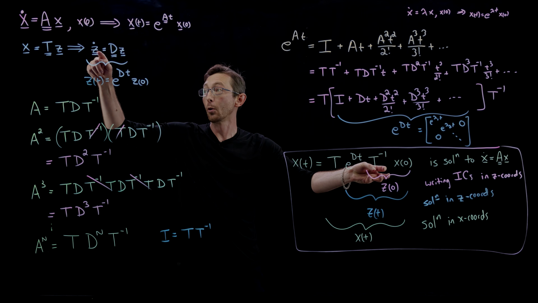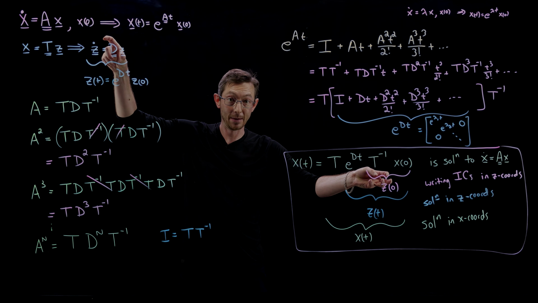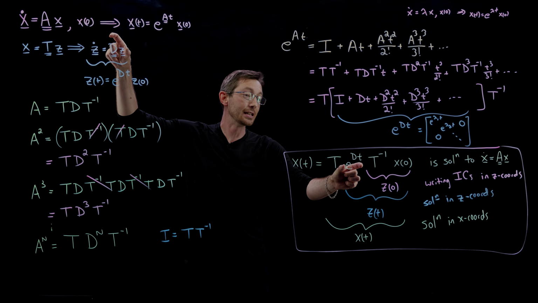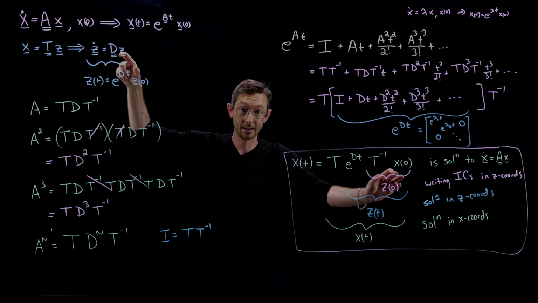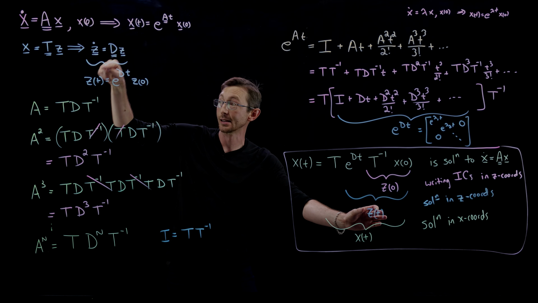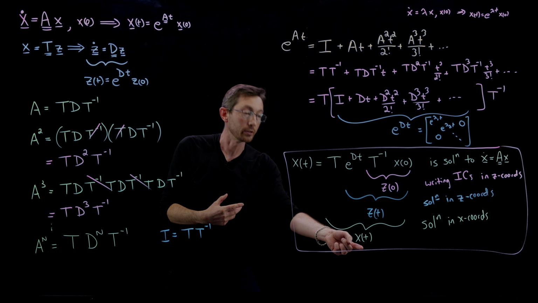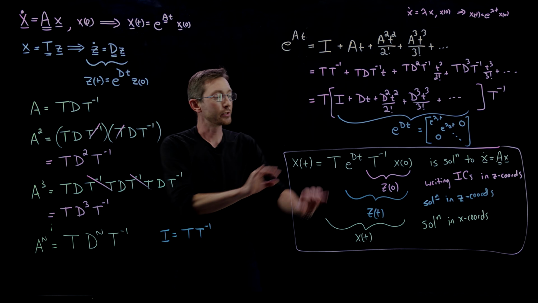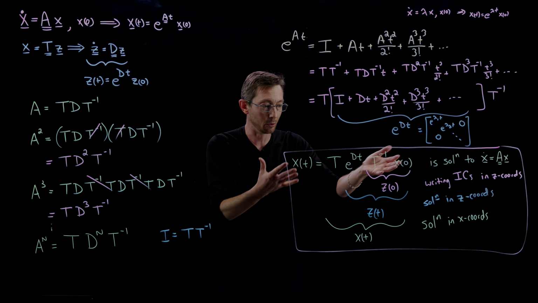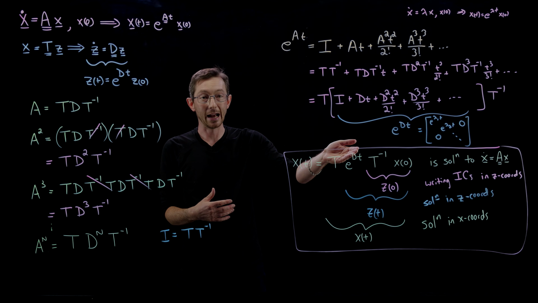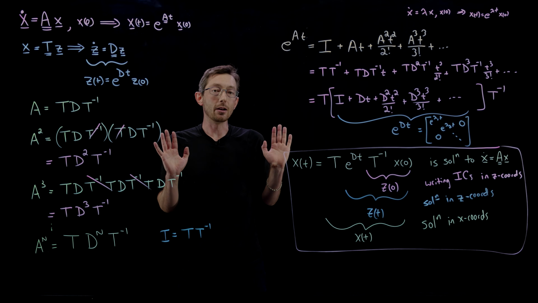In those z coordinates, my dynamics are diagonal. This diagonal matrix holds the eigenvalues of my A matrix. And so it's easy to write e to the D t to move z naught forward in time to z at some future time. And then to go back to my original coordinates, I just multiply by T again. So it's very intuitive and simple, in terms of eigenvectors and eigenvalues, how you solve x of t.